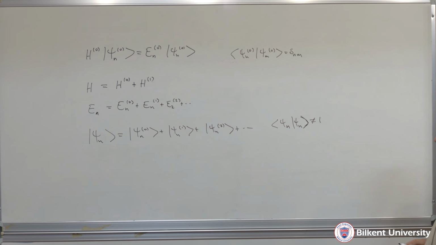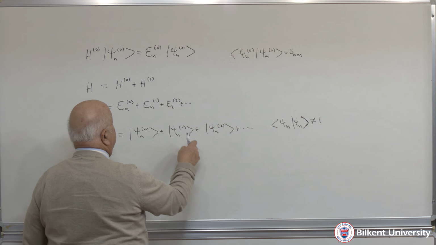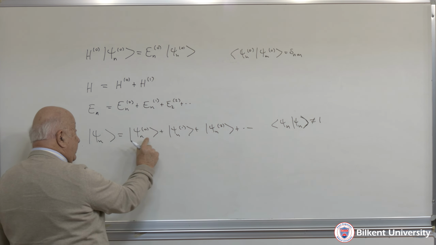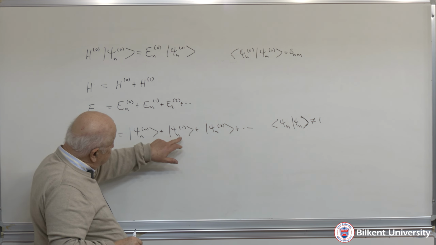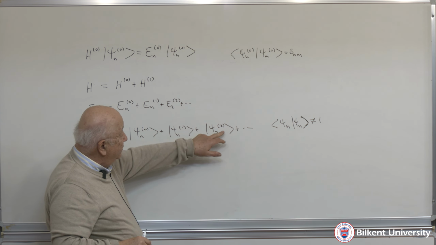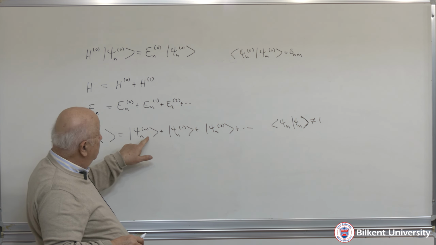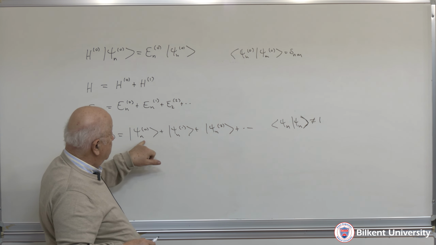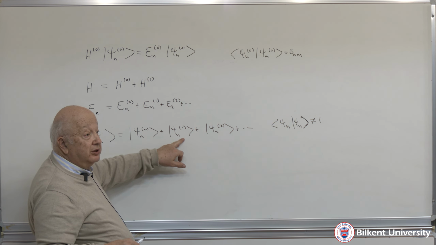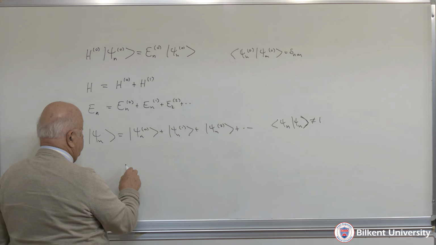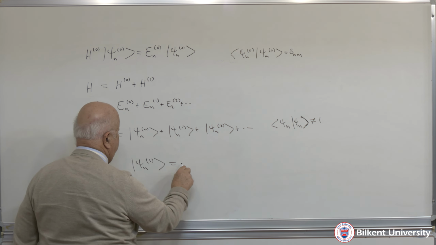Also, these psi n1, for example, contain no component of psi n0. So psi n1 and psi n2 do not contain the original term; they are actually orthogonal to this zeroth order term. In fact, we obtained some results last time. For example, psi n1 was a sum.